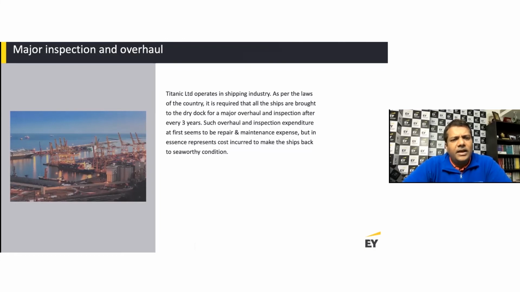Such overhaul and inspection expenditure at first seems to be a repair and maintenance expense, but in a sense represents cost incurred to make the ship back to seaworthy condition, right? So the point we're trying to make here is that overhauling, which is a requirement in some industries, or which you may do at frequent intervals for a large complex plant and machinery, actually becomes a component. You got to factor this in at the time of capitalization itself, right?